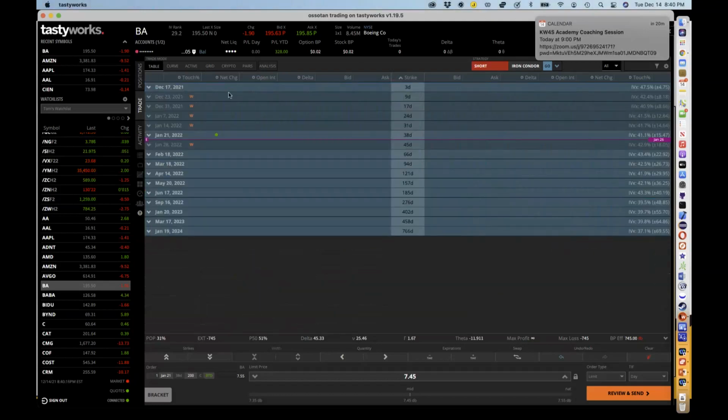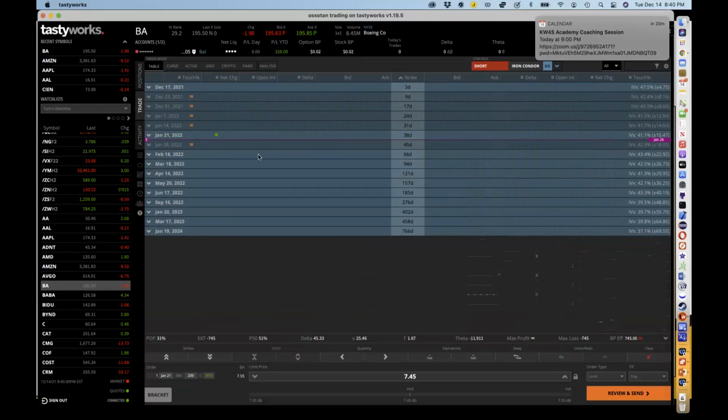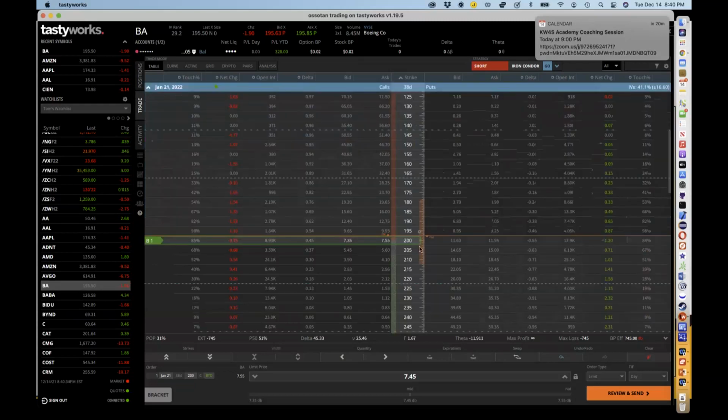These are all the contracts up until January 2024, and each one of these contracts controls 100 shares. There's no way that Boeing has enough shares to cover all these contracts. When you buy an option, the market maker by law should secure 100 shares, in this case 45 shares of Boeing, but there are not enough shares to go around.